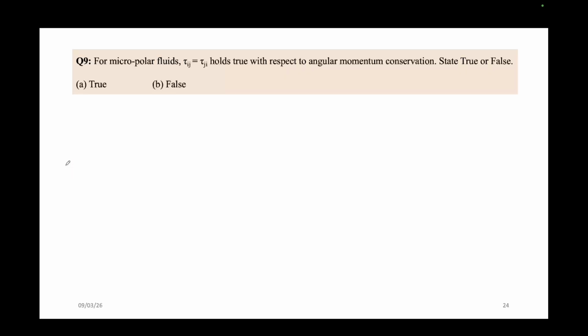So last question for today. Already this has been discussed: it's a micropolar fluid. It is a certain type of fluid. What is a micropolar fluid? It's a type of fluid which contains microstructure, like if a fluid contains microparticles or structures.